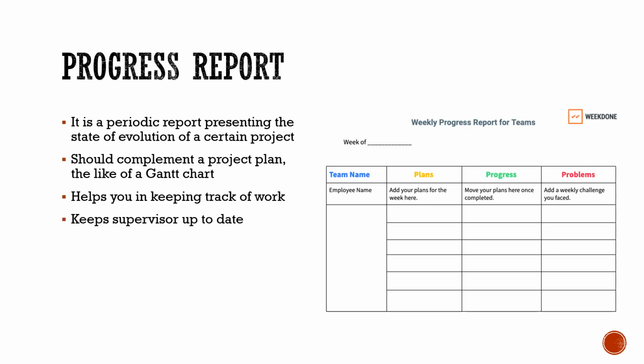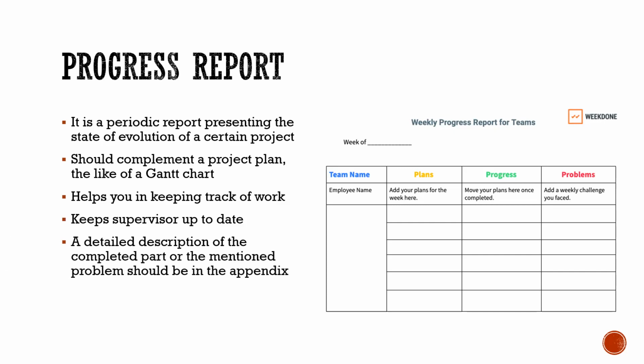If you are working with a supervisor, be it at work or at the university, this would really help the supervisor to stay up to date. The supervisor will have a list of your progress and your results. So it could help with the regular meetings that you have with your supervisor. If you want to put a detailed description, which I really advise, it cannot be in this table, but you can add it in an appendix or in a separate document.